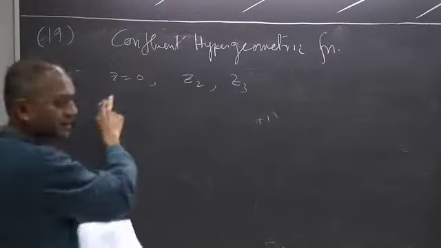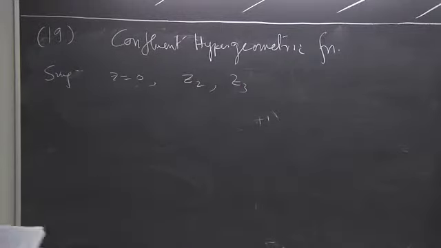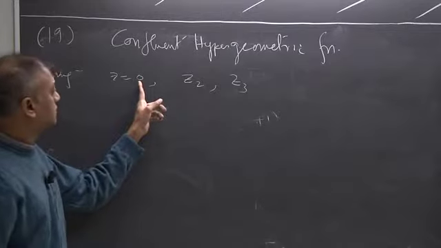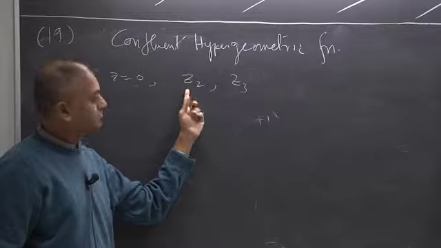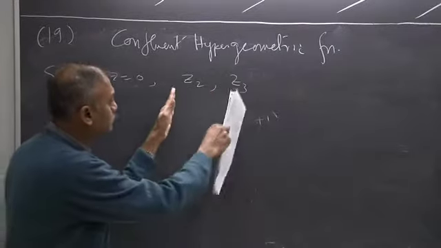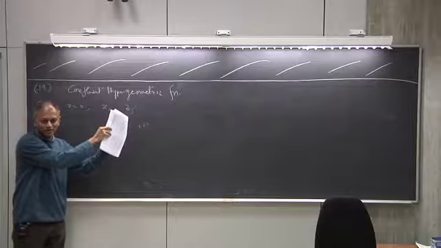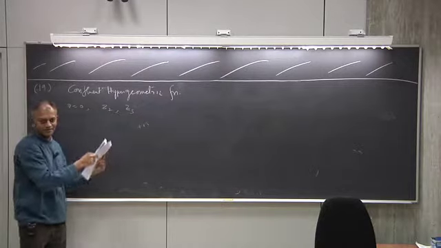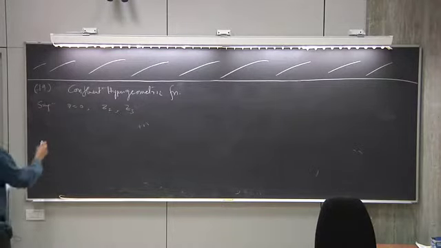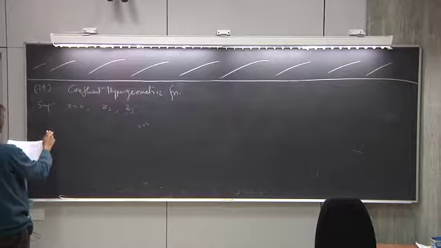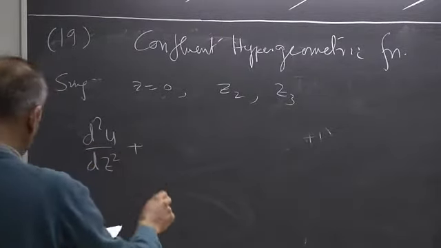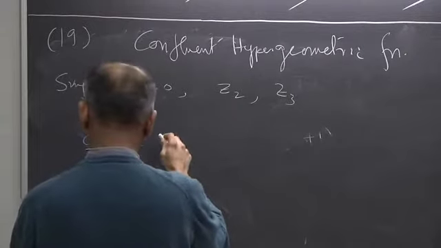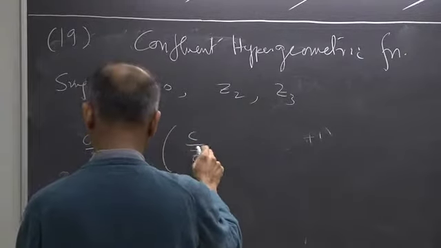Before, we put Z1 equal to 0, Z3 equal to 1, and Z2 equal to infinity. But I want to keep these two because what I will do is bring Z2 and Z3 together. So let's write down the equation. The original equation was d2u by dz2 plus c over z.